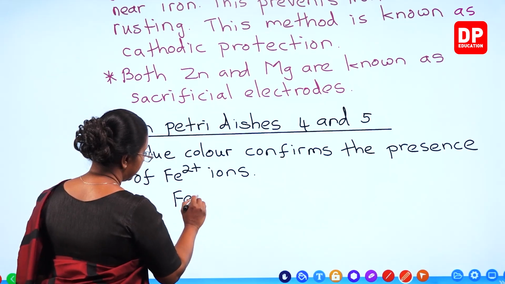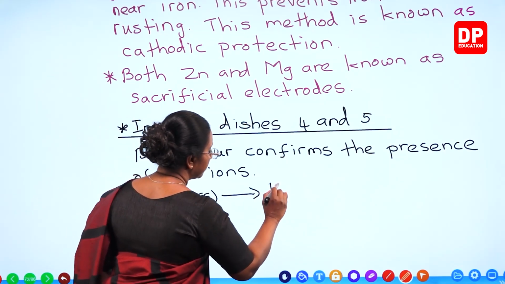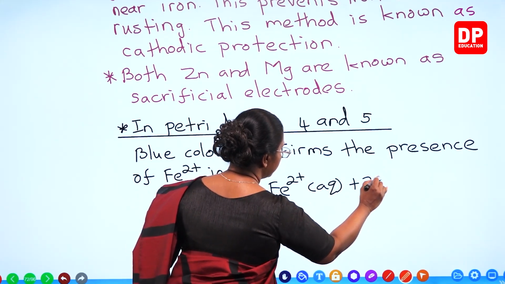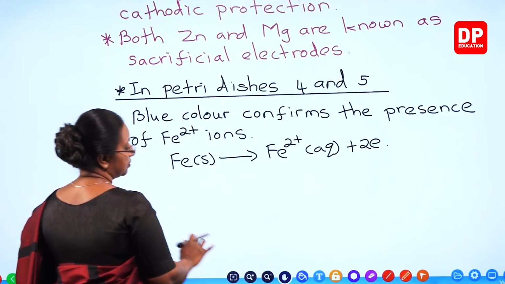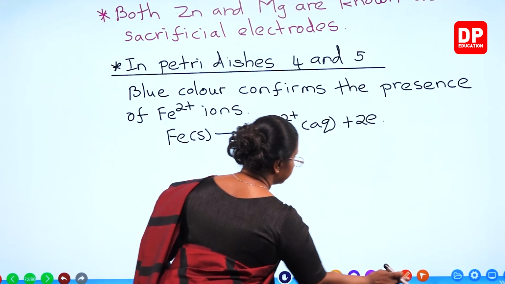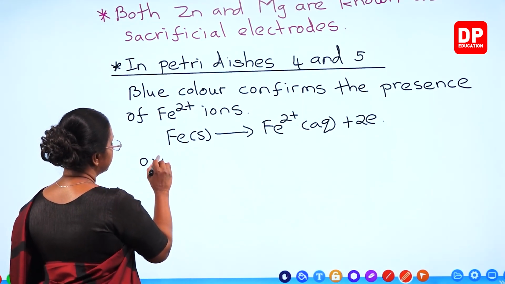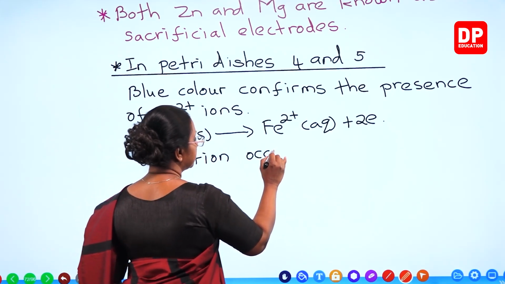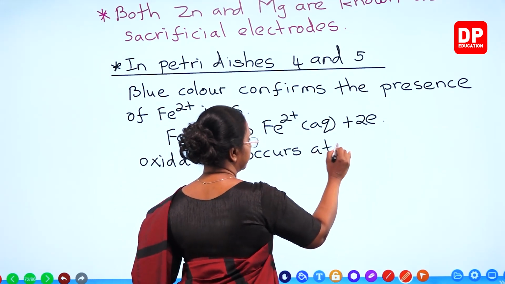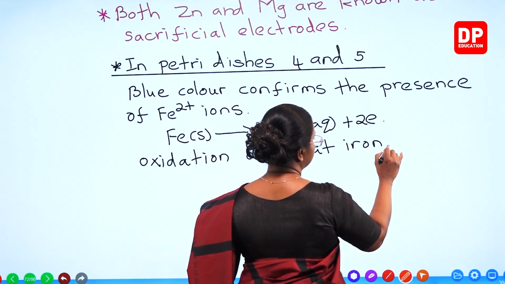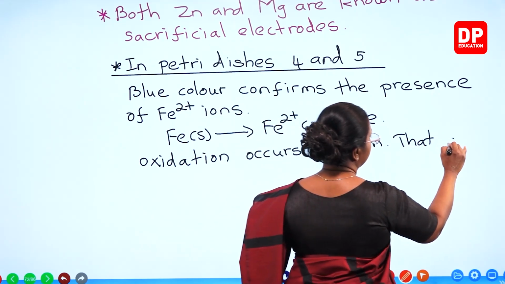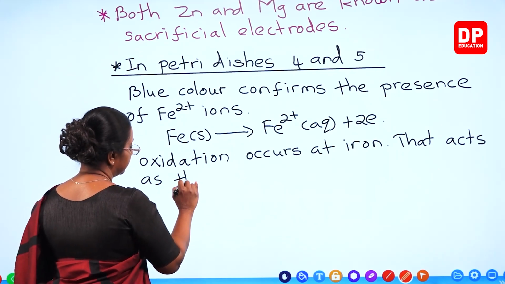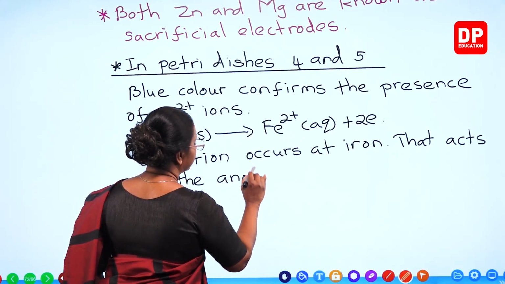That means Fe solid undergoes oxidation forming Fe2 plus using 2 electrons. So here oxidation occurs at iron. So that acts as the anode.